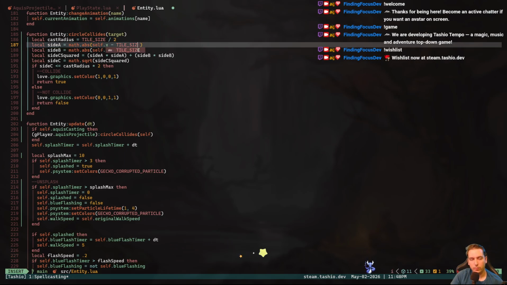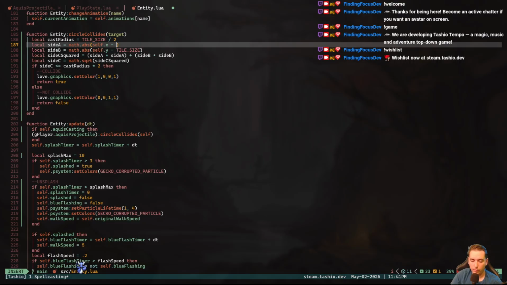Okay, this difference here is the self is the entity, so we're checking the entity's x position with the projectile x and our own x.